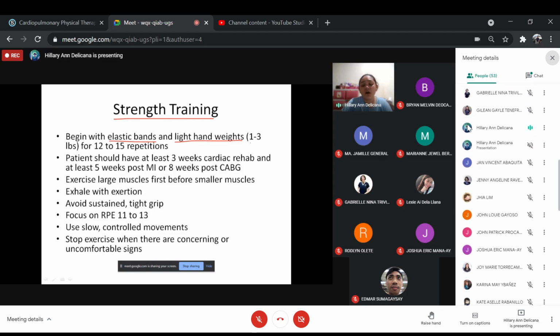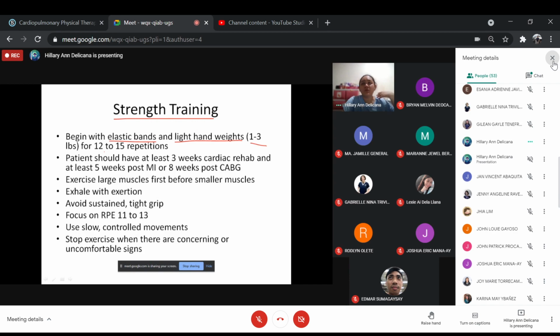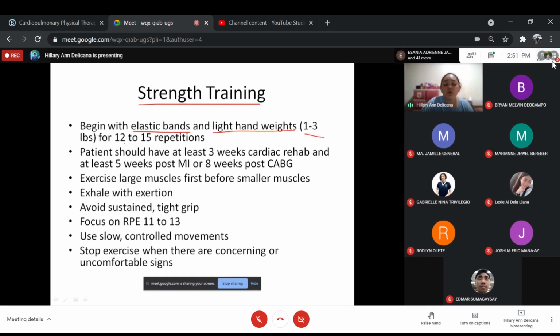Usually we use 1 to 3 pounds, introduced for 12 to 15 repetitions. You can split it. Let's say, for example, for 12 repetitions, you can do 6 reps first, then rest, and then 6 reps again, so that the patient is not strained. When you progress, you can progress to 10 reps, then rest, and then 10 reps again.